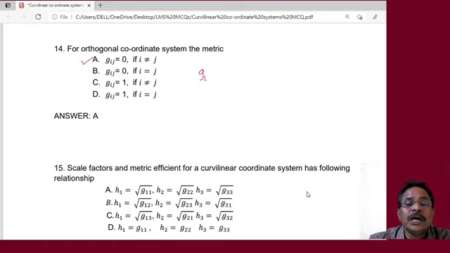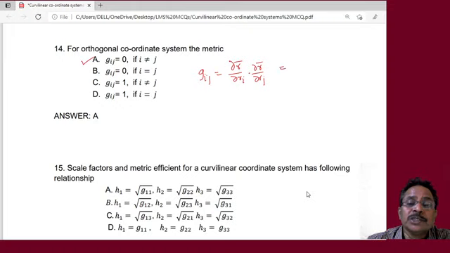So this Gij is given by del r bar upon del ri dot del r bar upon del rj. Now, in the orthogonal coordinate system, this dot product of del r bar upon del ri and del r bar upon del rj is the differentiation of vector r bar with scalar ri, and the differentiation of vector r bar with respect to scalar rj.